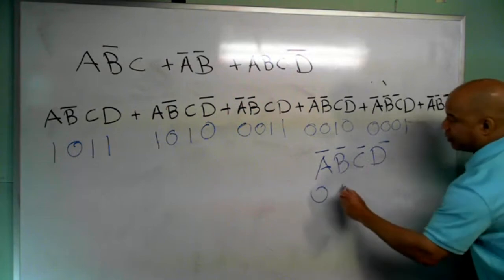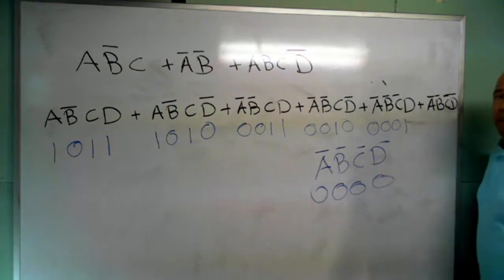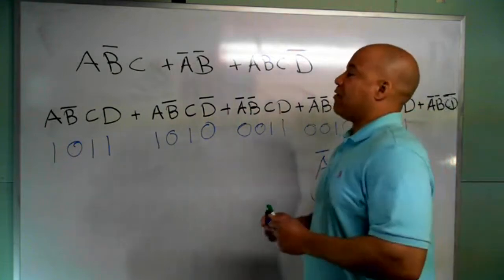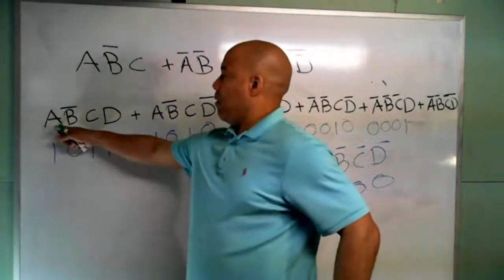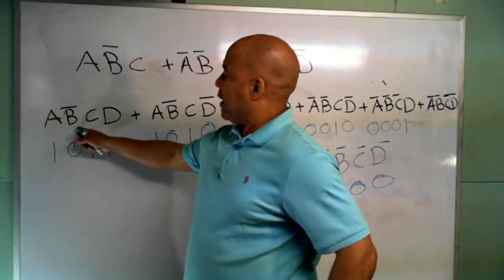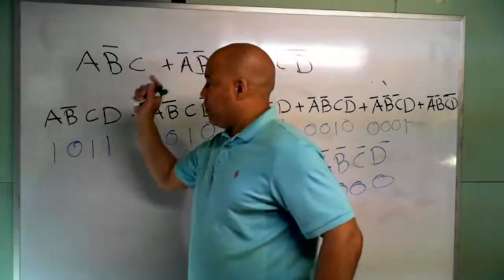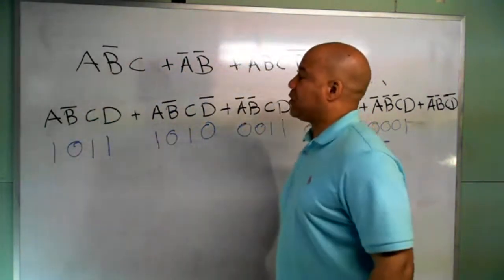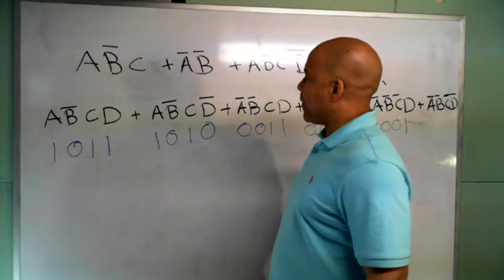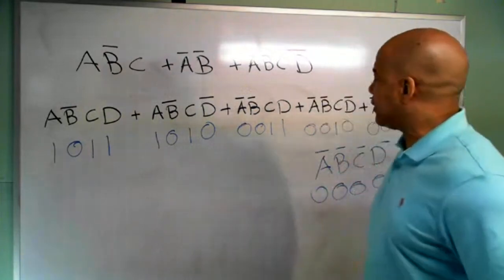So that'll be a 0, 0, 0, 0. So if I ask for the binary value of a term, if I have a variable, that's equivalent to a 1. If I have a complement, that's equivalent to a 0. Replace the variables with 1s and the complements with 0s, and you got it. Okay? Everybody, so far, so good?